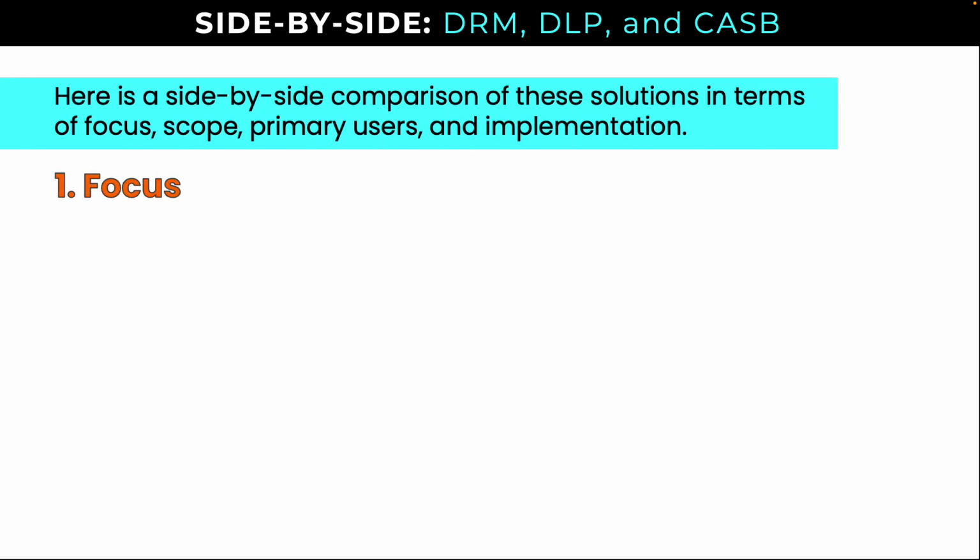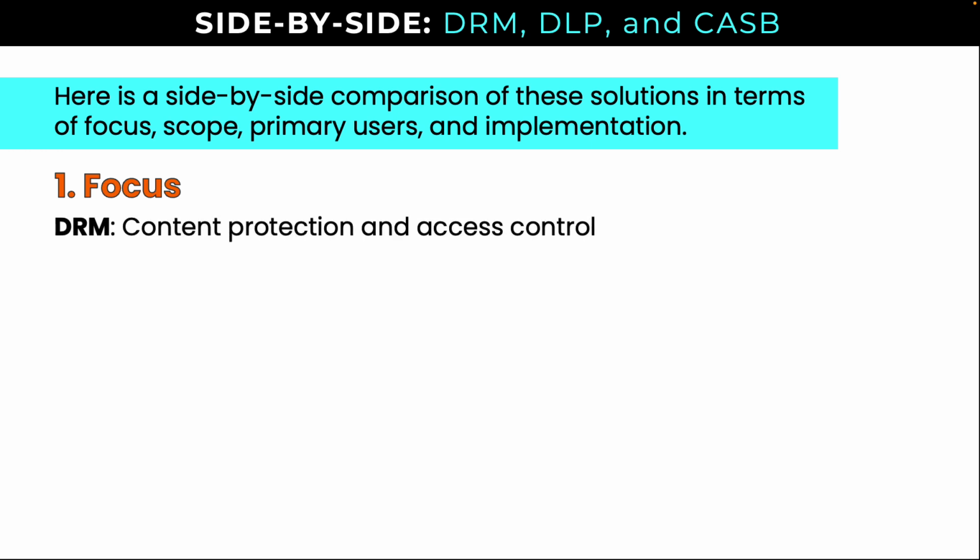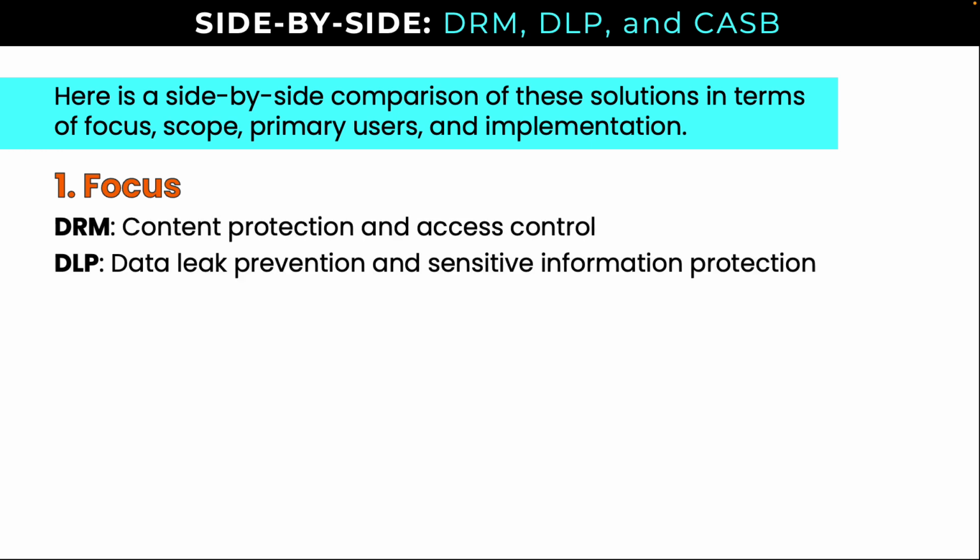So the focus of each of the three. DRM, remember, is content protection and access control, typically in entertainment content. DLP is data leak prevention and sensitive information protection. So it's going to give us a way to classify and protect data, generally with a way to automatically classify and label data, and that protection traveling with.